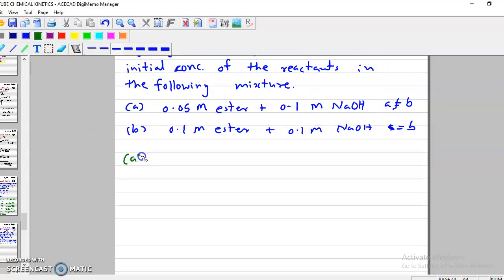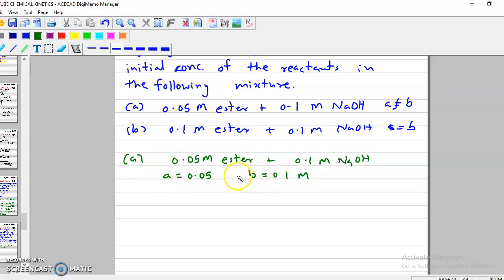First of all, we will solve A, where you are given 0.05 molar ester and 0.1 molar NaOH. So the ester is 0.05 molar and NaOH is 0.1 molar.